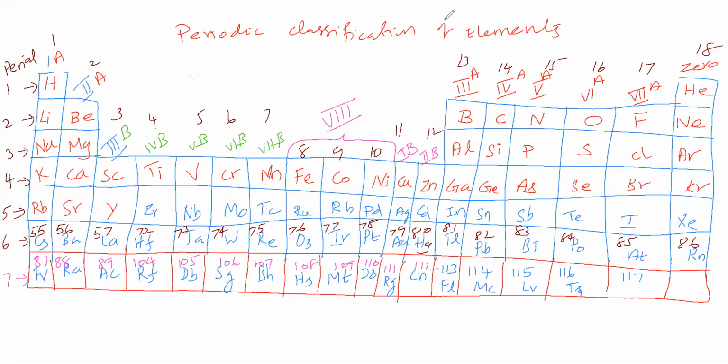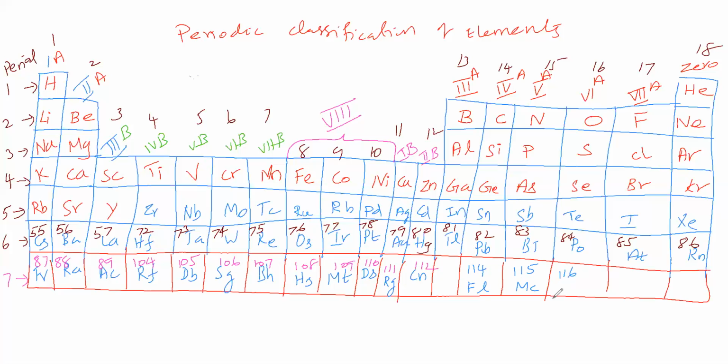Here, one difference. This is 114, flerovium. Next, 115, moscovium.